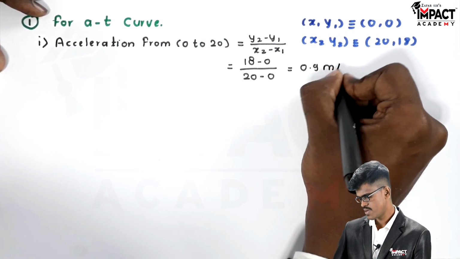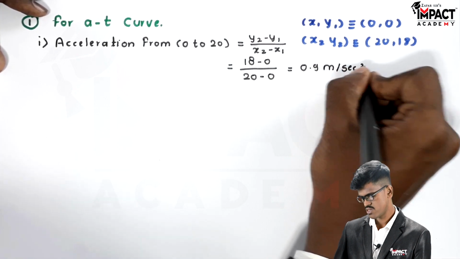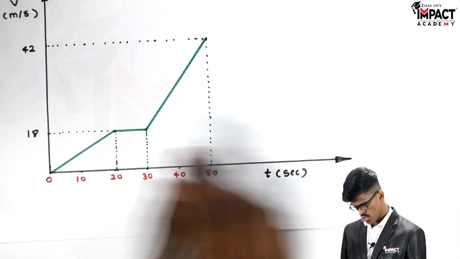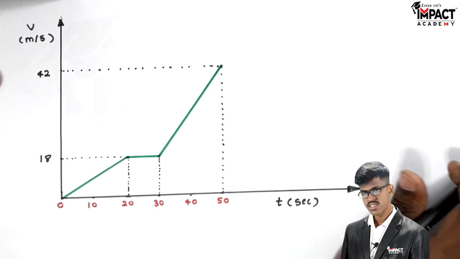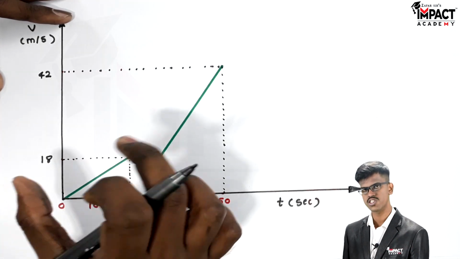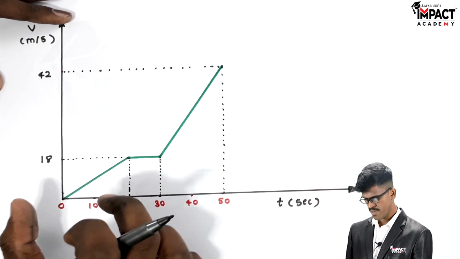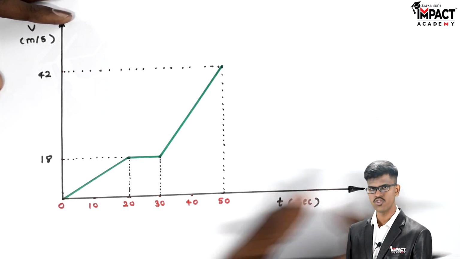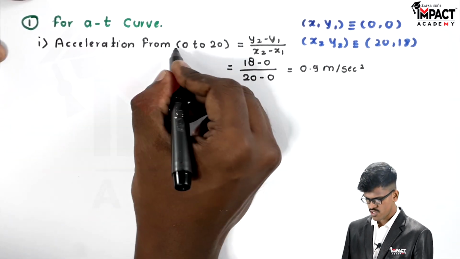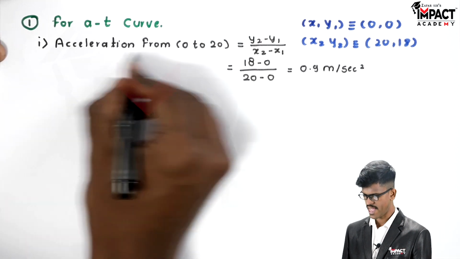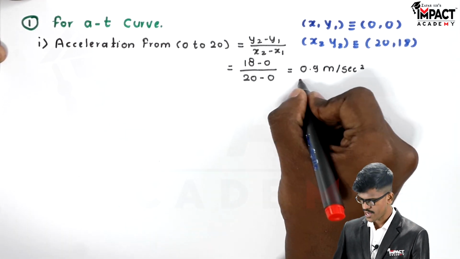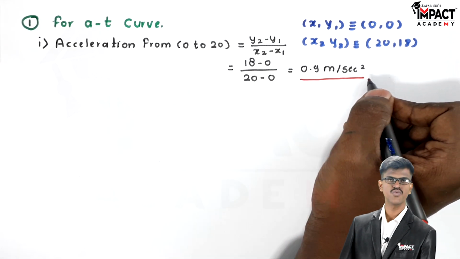meters per second square. Here the change in velocity is uniform, meaning the rate of change of velocity is uniform. It means the acceleration is constant. So from 0 to 20 seconds the acceleration is constant and its value is 0.9 meters per second square.